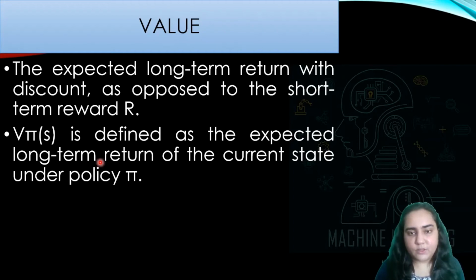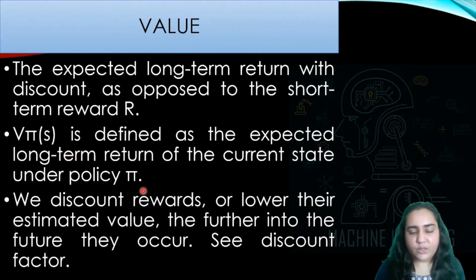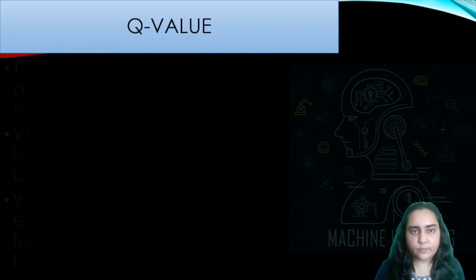So pi is the policy, S is the state, V is the value. We discount rewards or lower their estimated value the further into the future they occur, right? So we saw a discount factor. If we are calculating reward, then future rewards are always worth less than the present current rewards.